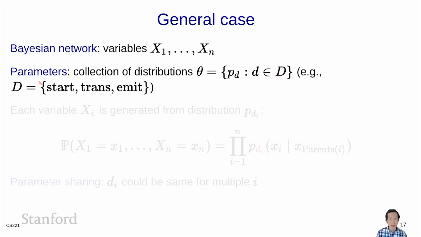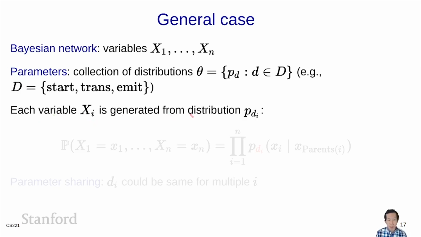For the HMM, for example, big D is start, trans, and emit. So D is just a label, if you will, a name. Each variable xi is generated from some distribution, and now the notation gets a little bit hairy, but P sub Di is the distribution that points into xi, and I'm looking up that distribution by name.